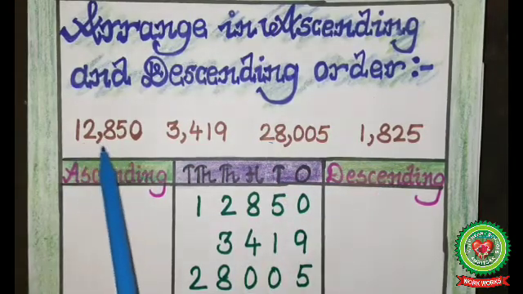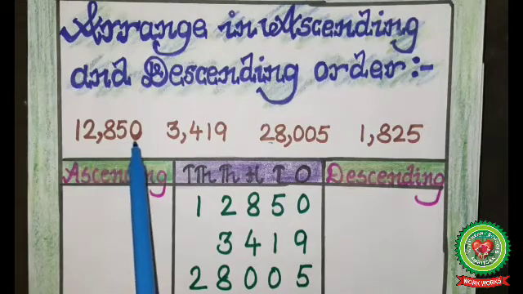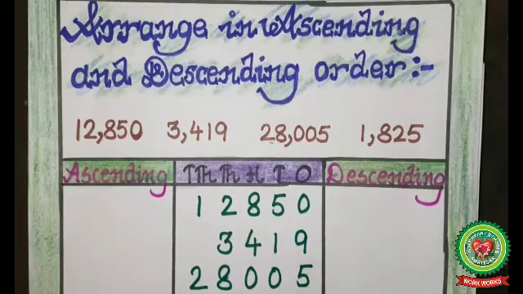Now students, first of all, we have to arrange 12,850. Students, always keep one thing in your mind.